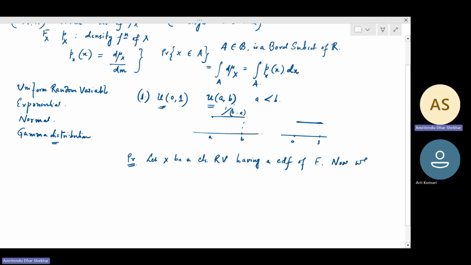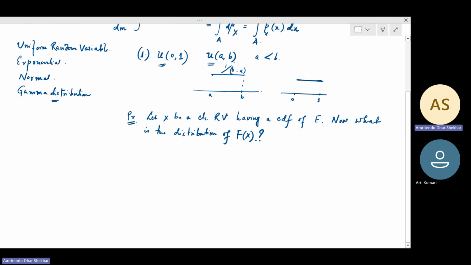Now, what is the distribution of F of x? I hope the question is clear.